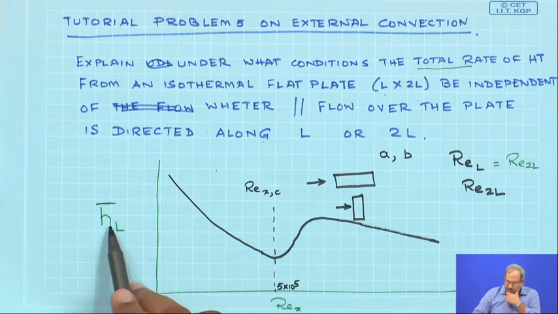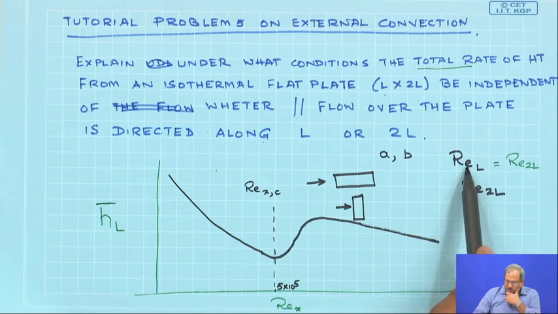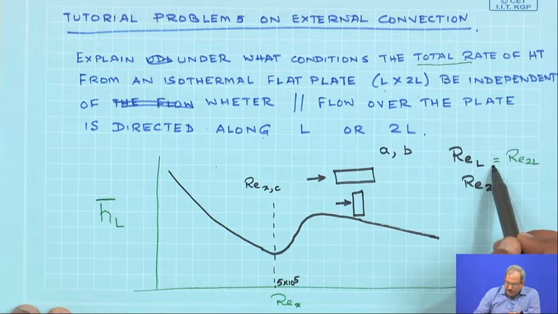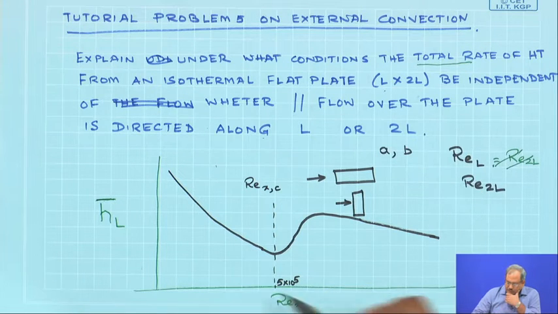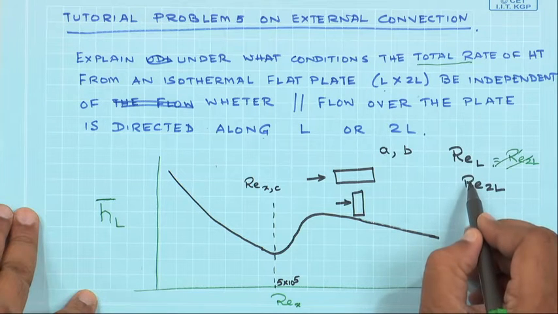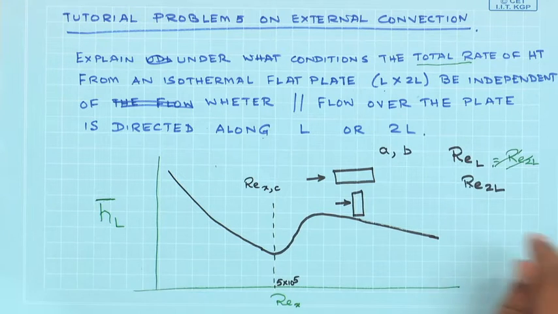Since my heat transfer coefficient is a function of Reynolds number, I just have to find out some value of this where heat transfer coefficient is going to be the same.